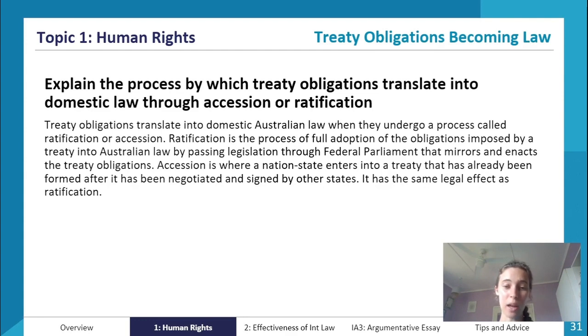That is where a nation state enters into a treaty that has already been formed after it has been negotiated and signed by other states. So it has that same legal effect as ratification. It basically just means you're a little bit late to the party, I guess, and you've done it later than other states.